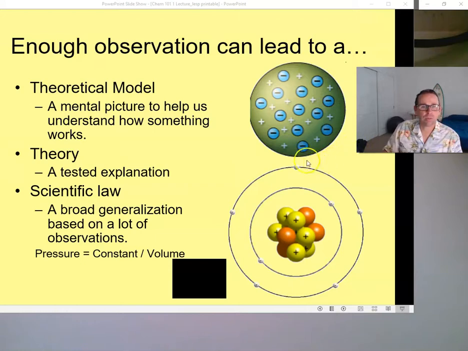And so this is kind of a more recent model, this lower one here, where we have a nucleus now that contains the protons, and we've also introduced neutrons, these orange things, whereas the electrons are kind of orbiting on the outside.